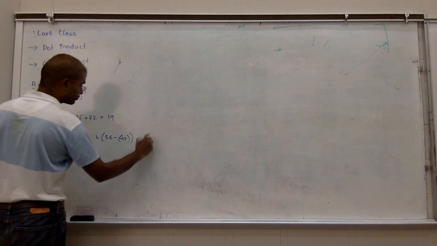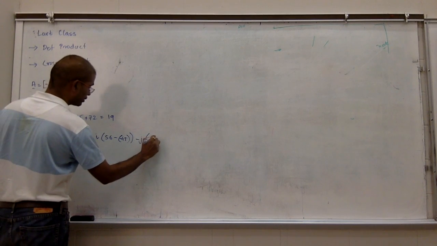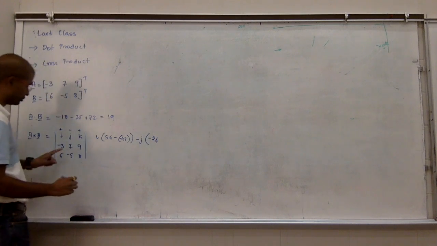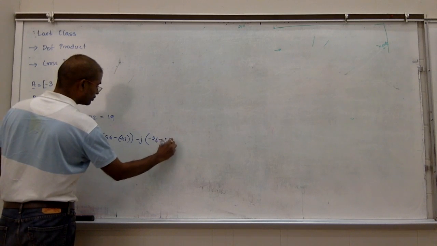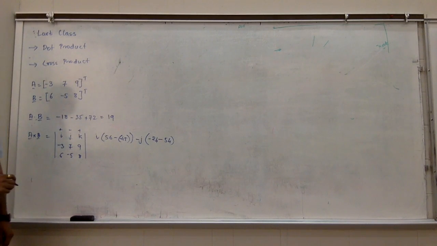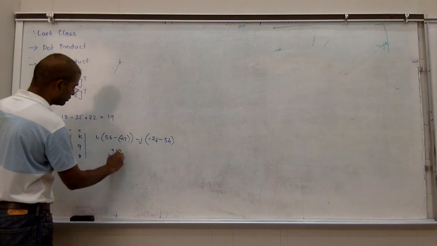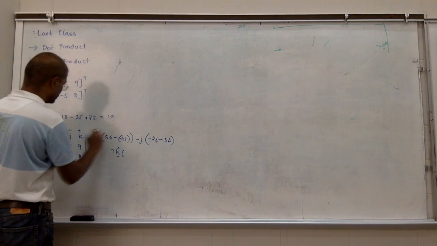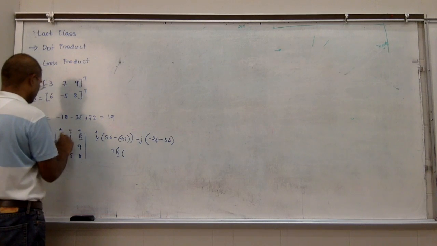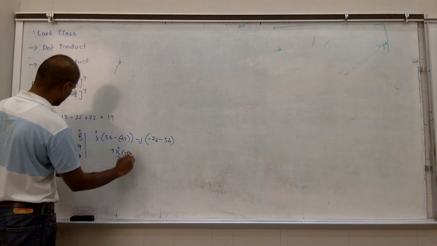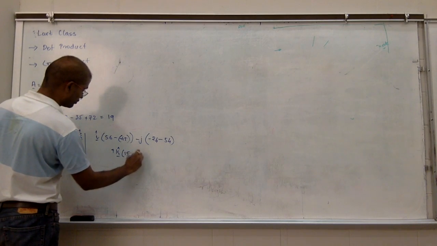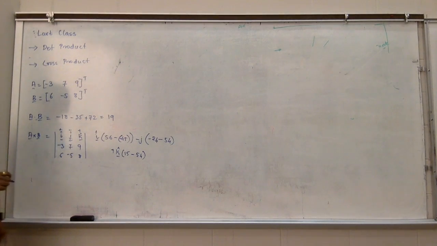You have minus 24 minus 54. Got it? And then you have plus k. You have 15 minus 54. If you left the k off the other line, that would be wrong, right?